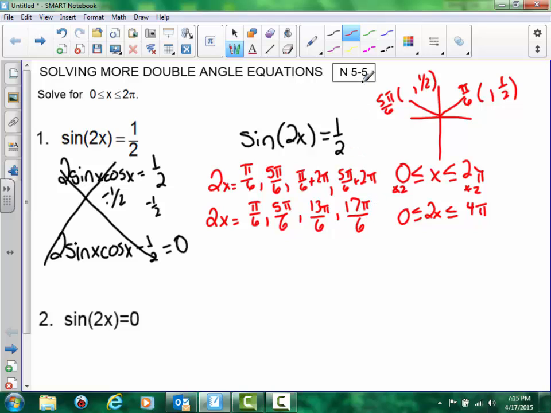But that was 2x. So how do I get rid of that 2? Well, it's multiplying, so I would divide. If I divide all of these by 2, it would be the same as multiplying by 1/2.